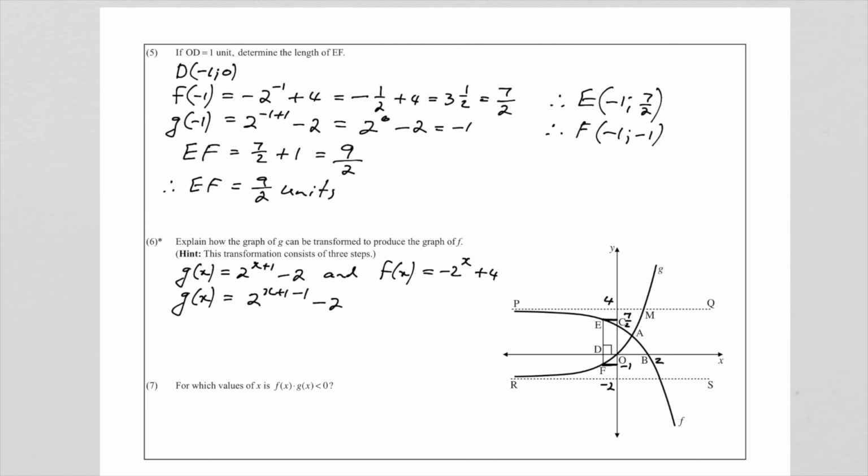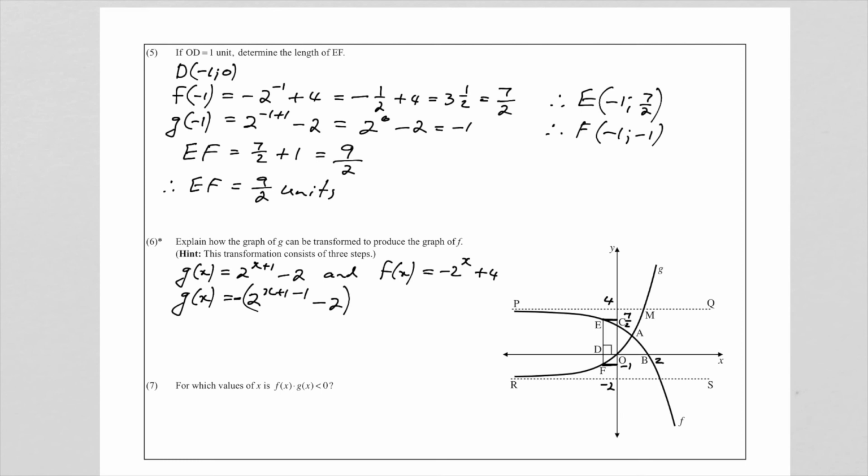For us to make y negative, we're going to put this whole thing in a bracket and put a negative outside. So we're going to take this function, this g(x) function, shift it 1 unit to the right, and then reflect it in the x-axis.